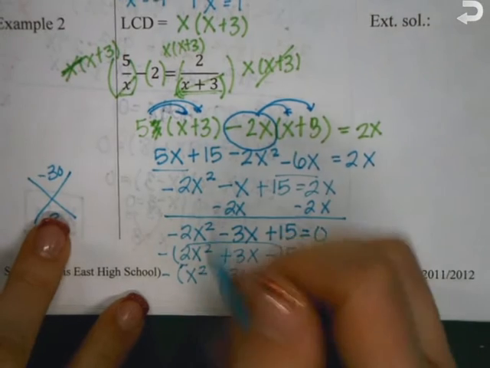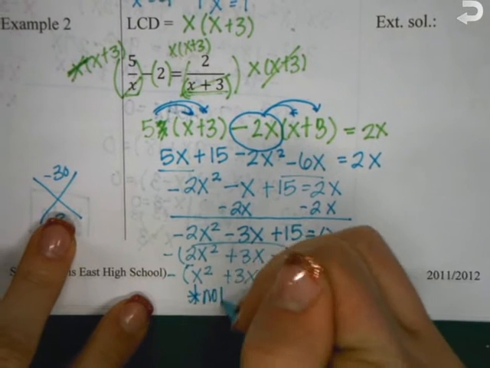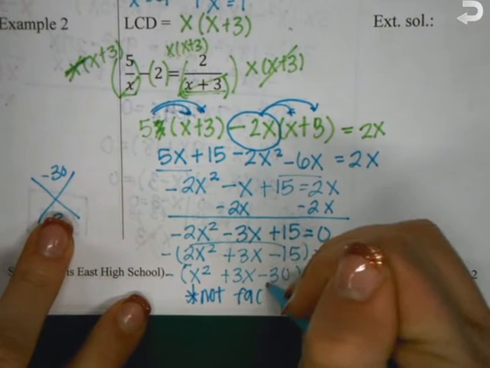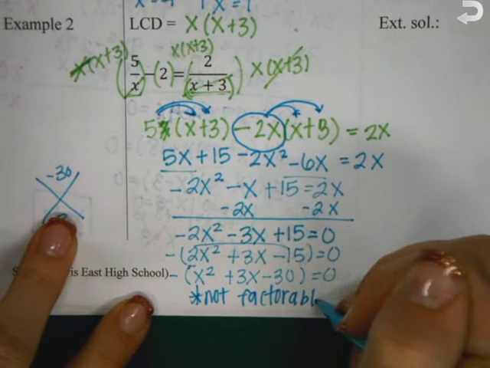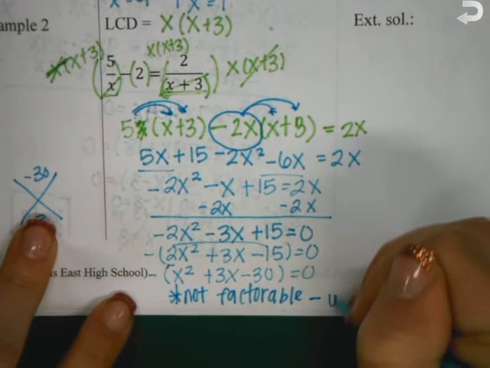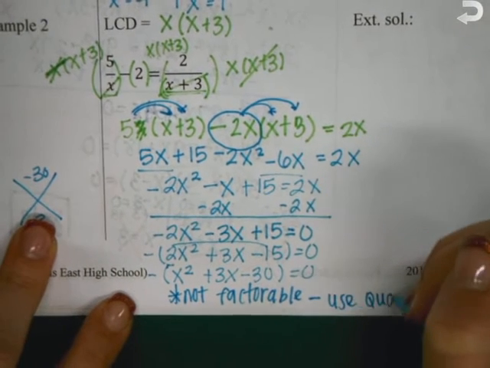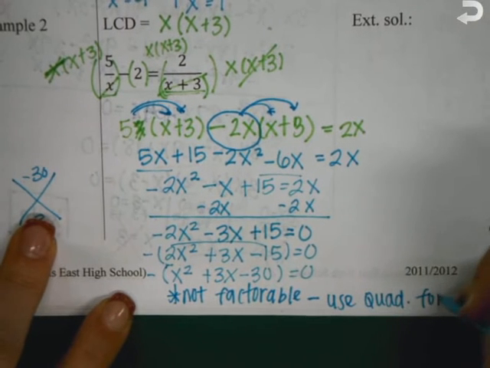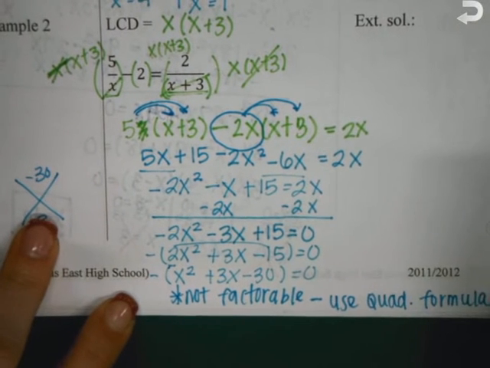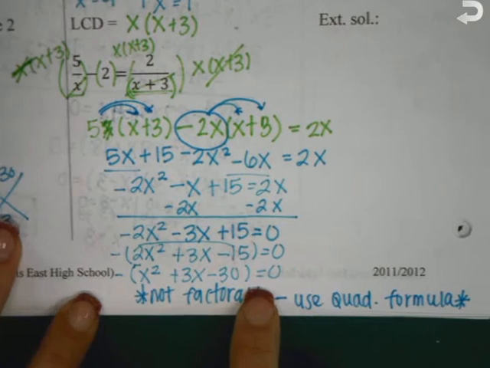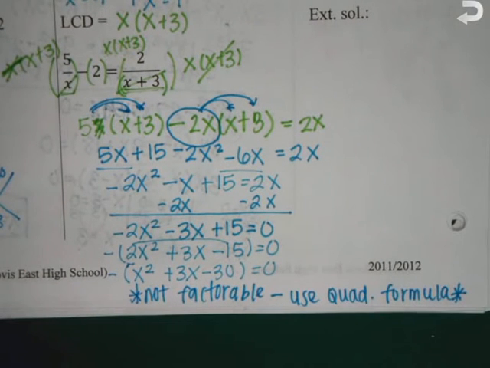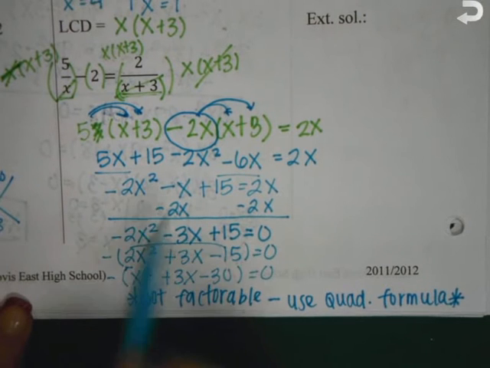Okay, so we're going to use quadratic formula. Because we can't factor it, we have to use quadratic formula here. Okay, so that's going to give us, back to this original trinomial here, so we're looking at this one that I just underlined.